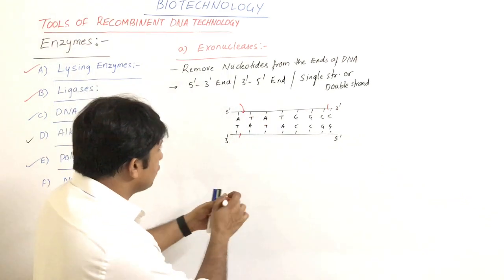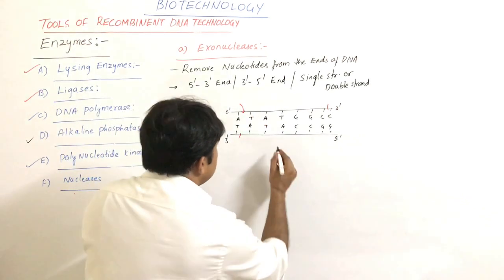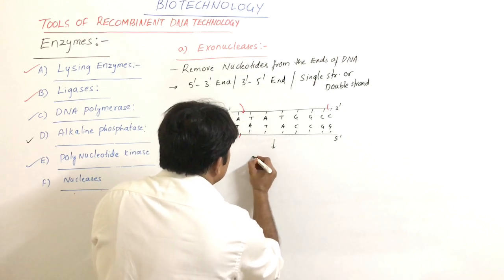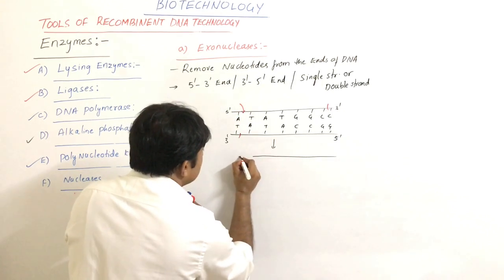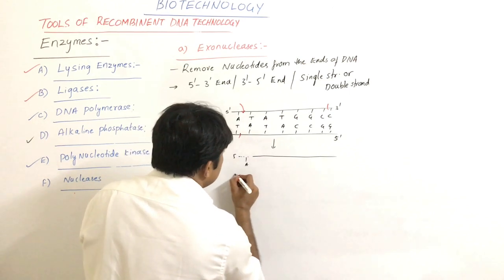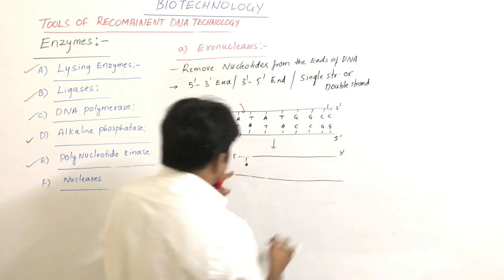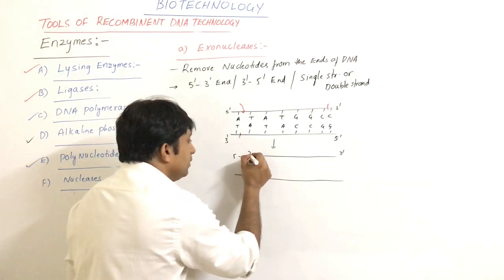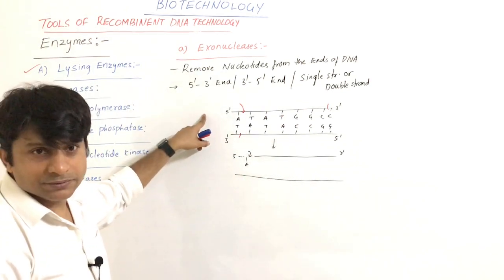So this is how this adenine is removed from the 5' end, right? It removes the nucleotides from the terminal end.